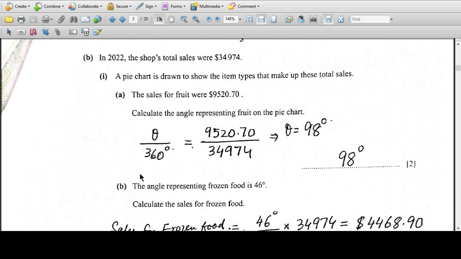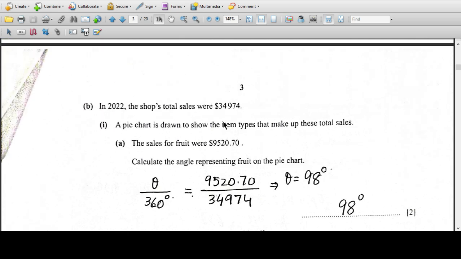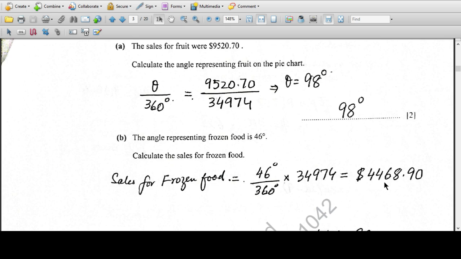In the next part, the angle representing frozen food is 46 degrees. If in a pie chart the frozen food item is 46 degrees, then the sales for frozen food is 46 degrees divided by 360 degrees, which is the proportion of the pie chart for frozen food, multiplied by the total sales. This is obtained as $4468.90.